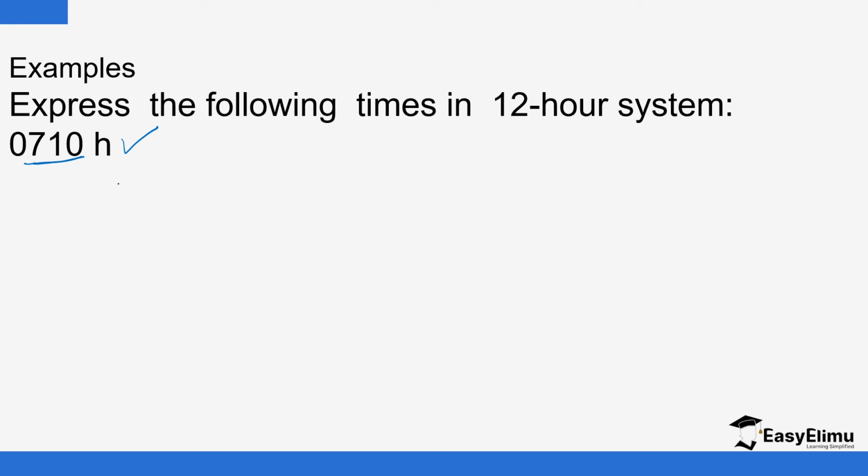When you are stating it as AM, you just write 7. You don't write 0, but 7, then you write 10, then you write AM. Because when you talk about 07:10, that means 7 hours, 10 minutes from midnight, which still falls within the first 12 hours.